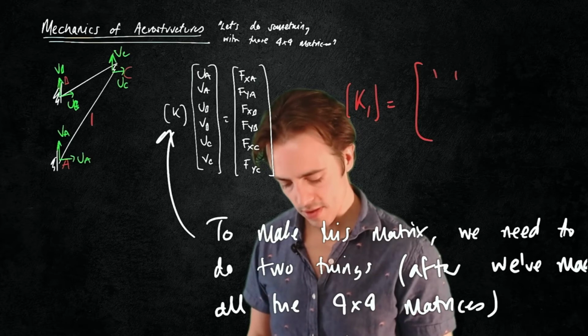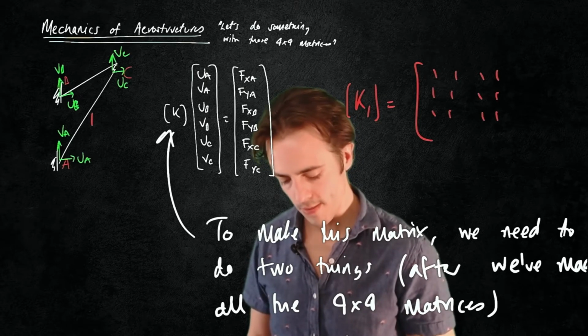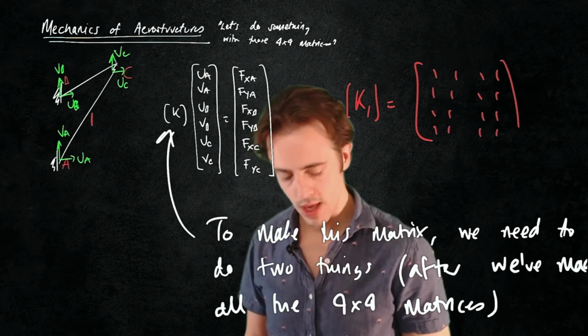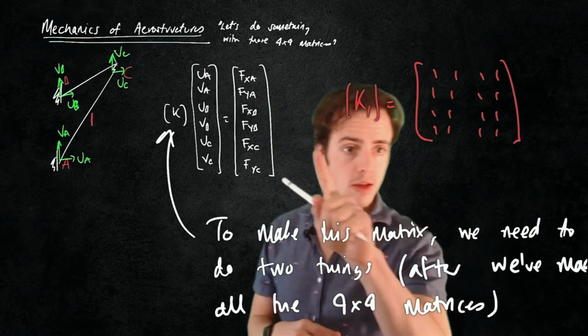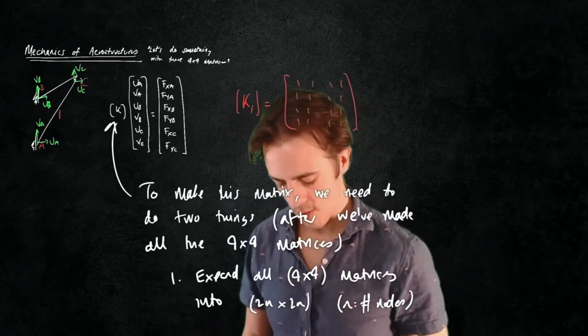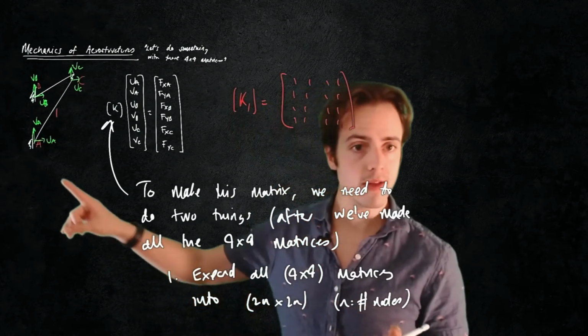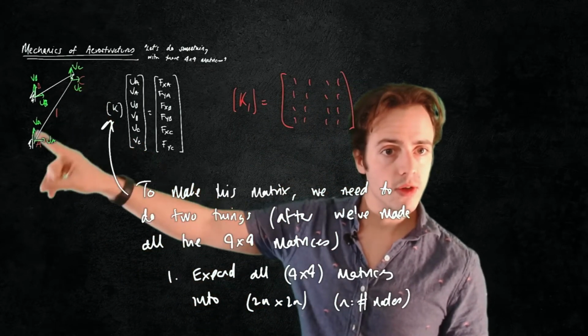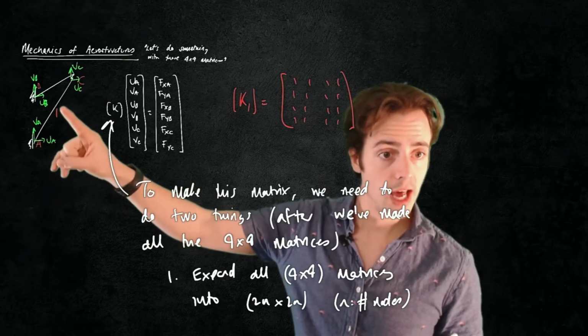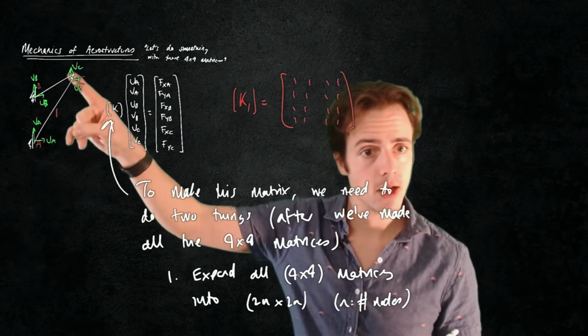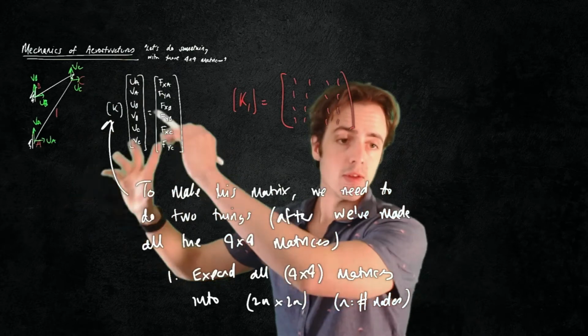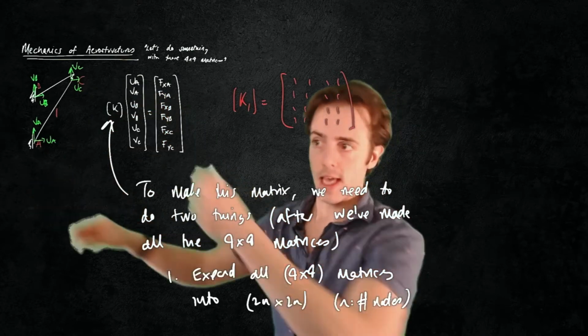Let's just call it ones at the moment. It's not ones, but I'm just going to say it is for the purposes of being able to talk about where these elements go. So this is my stiffness matrix K1, and this relates the forces on element 1 at node A and node C, and the displacements at node A and C here.